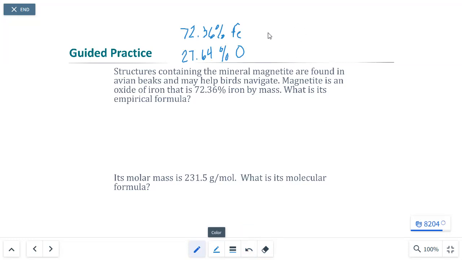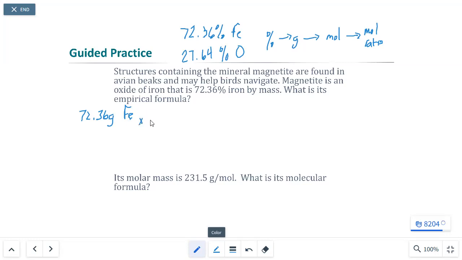Now, if you remember our process, we go from percents to grams, grams to moles, to finally the molar ratios. So starting with our percents, we're going to turn them into grams. 72.36 grams of iron.